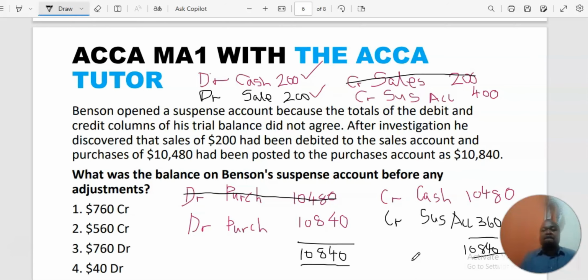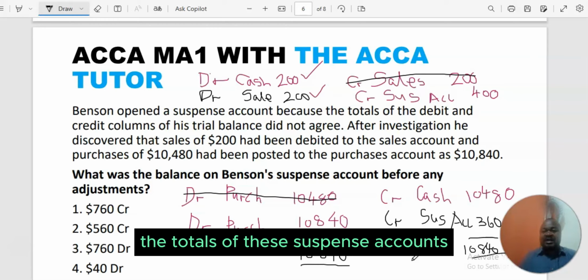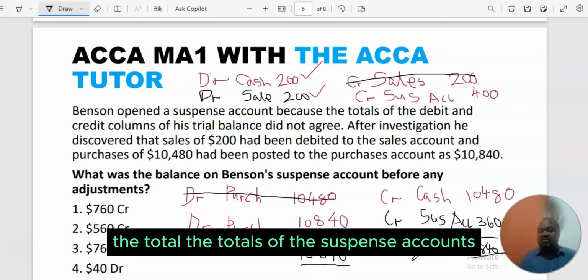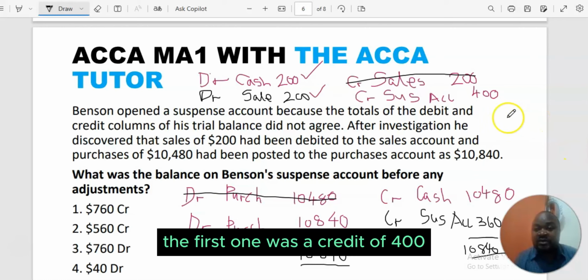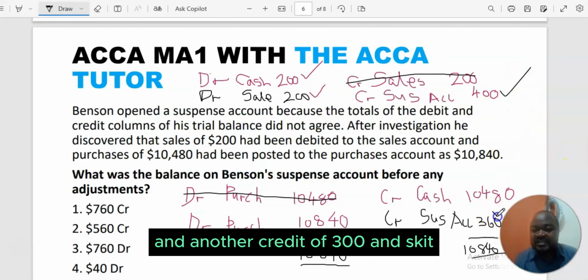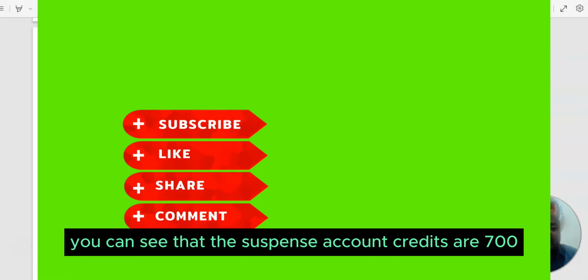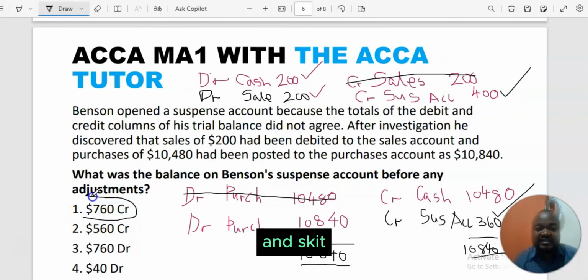Now you then have to add the totals of the two suspense accounts. The first one was a credit of 400 and another credit of 360. So you can see that the suspense account credits are 760.